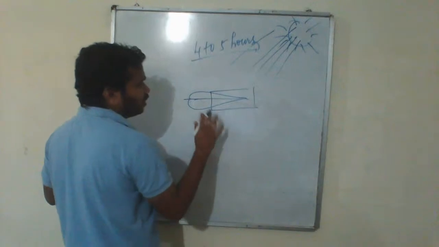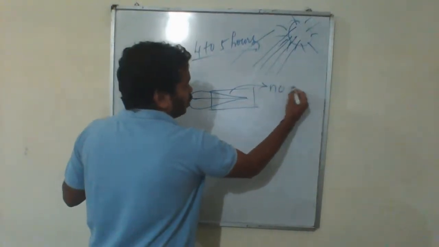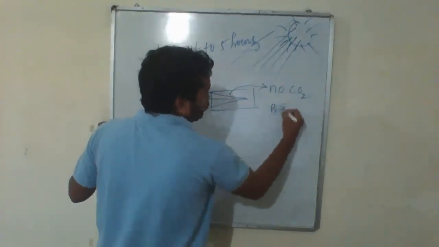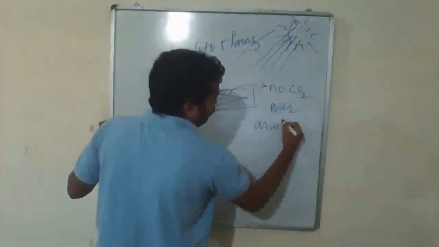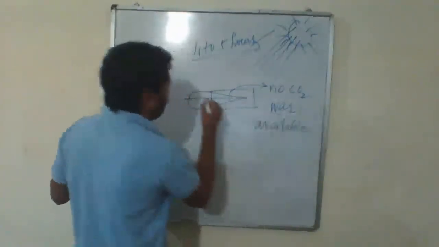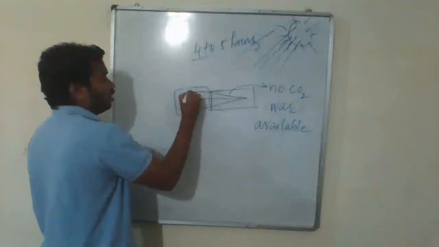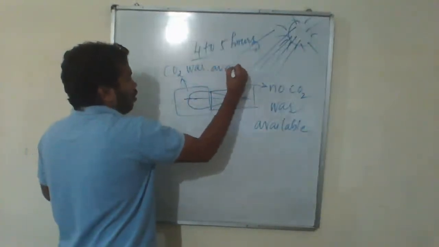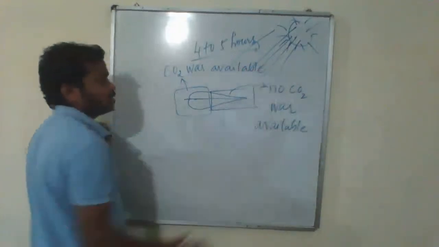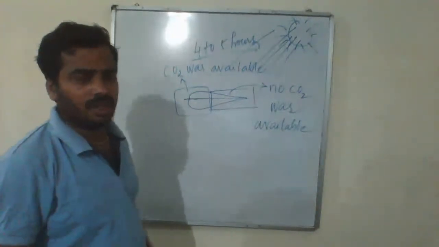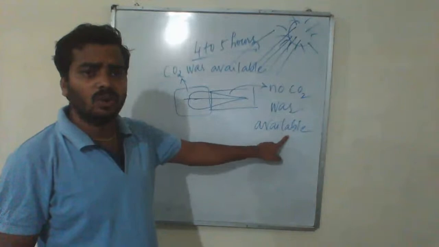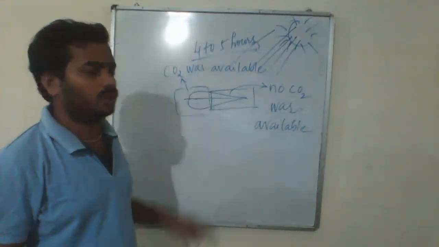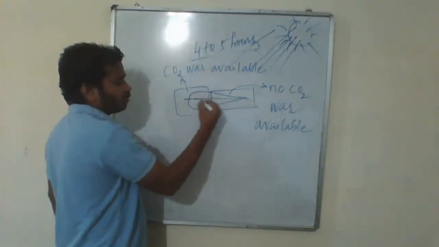From here to here, no CO2 was available. But this part, CO2 was available. ఇక్కడ CO2 availability లో లేదు, ఇక్కడ CO2 availability లో ఉంది ఈ part లో.